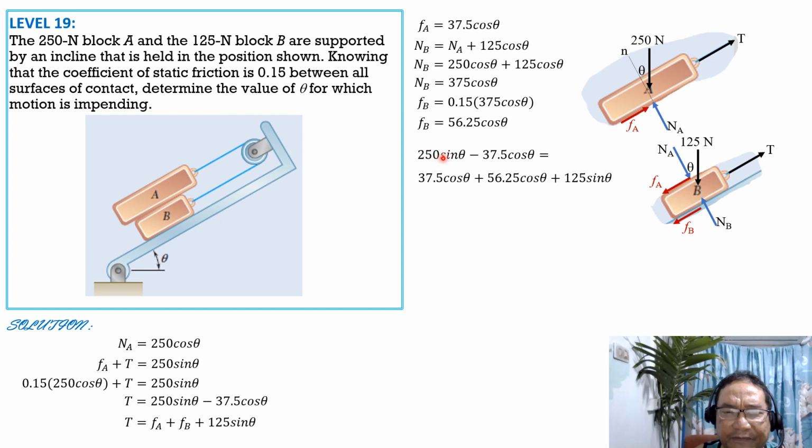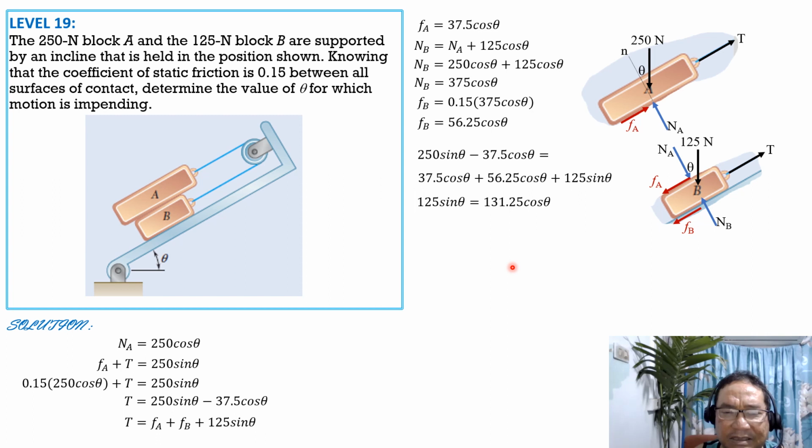Combining like terms, 250 sine theta minus 125 sine theta is 125 sine theta on the left side. On the right side, 37.5 cosine theta plus 37.5 cosine theta is 75, plus 56.25 cosine theta. So 125 sine theta equals 131.25 cosine theta on the right side.